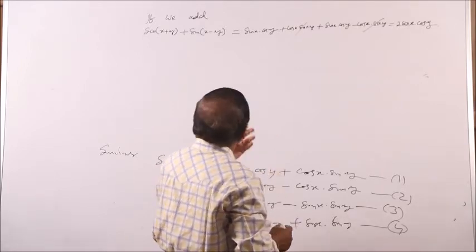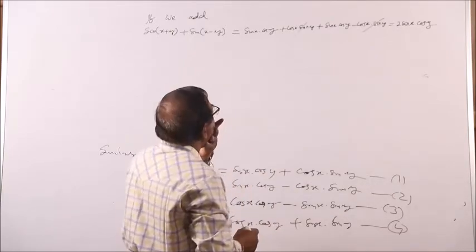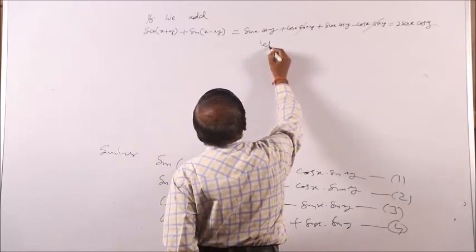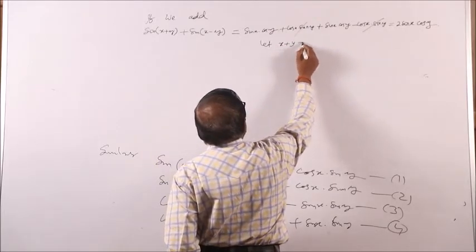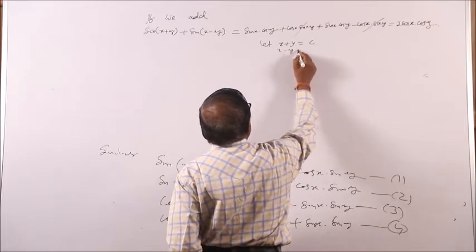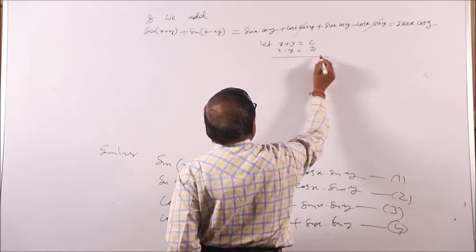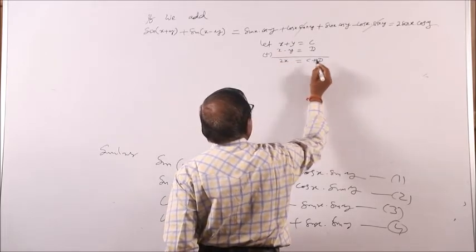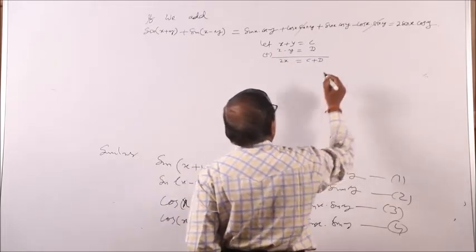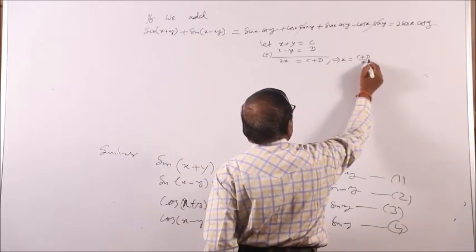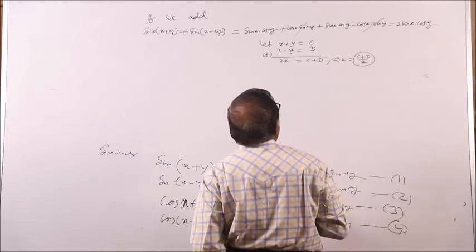Let us write another one also. If you take x plus y is equal to c, and x minus y is equal to d, so add them. What will you get? 2x is equal to c plus d. What is x? x is c plus d by 2, right.